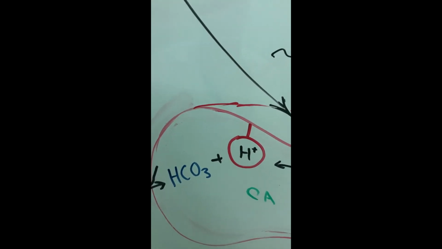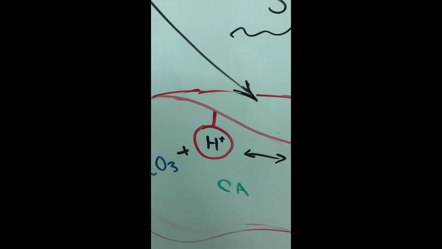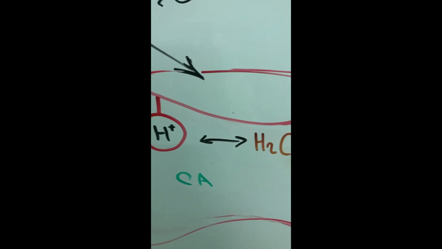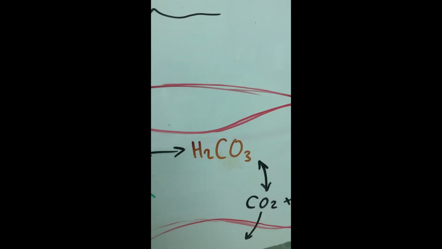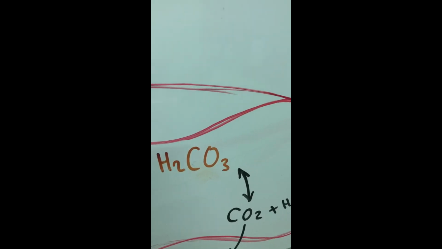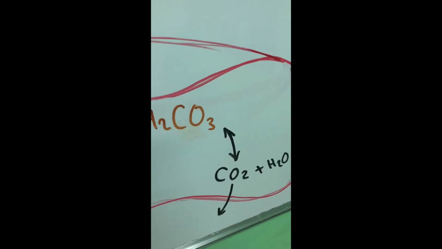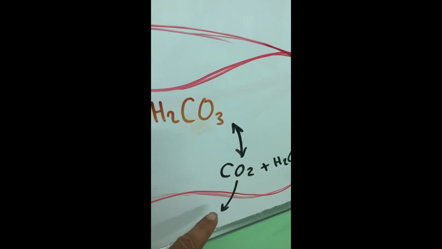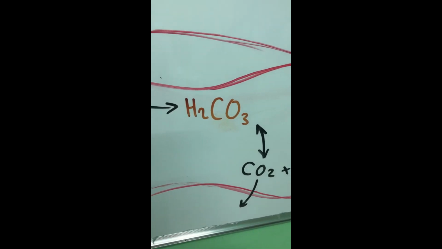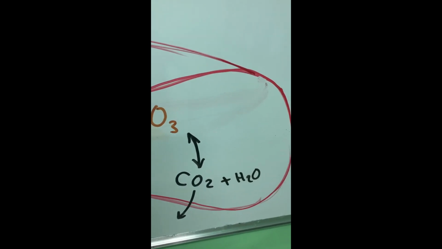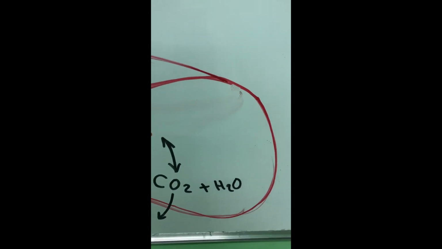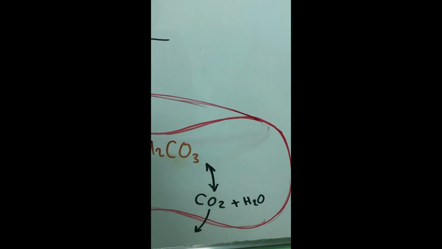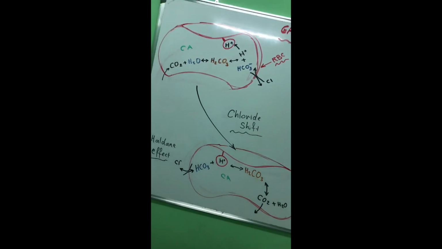The HCO3, the bicarbonate ion, will combine with H plus to produce H2CO3 once again, and the H2CO3 will further dissociate into CO2, which will diffuse out of the cell and be exhaled out of the body, and H2O, which will either stay in the cytosol or, under the osmotic effect, go out of the RBC. This is called the chloride shift mechanism.